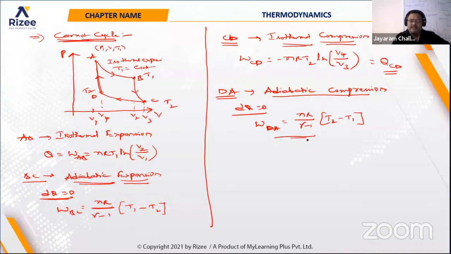Next case. Since it's a cyclic process, the total change in internal energy dU is equal to 0.